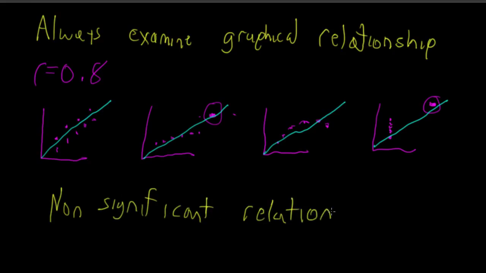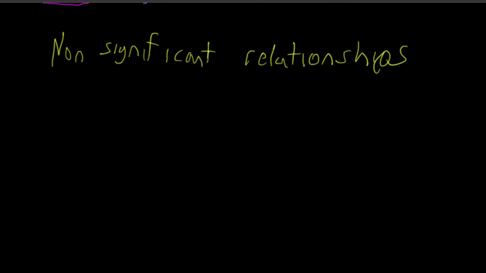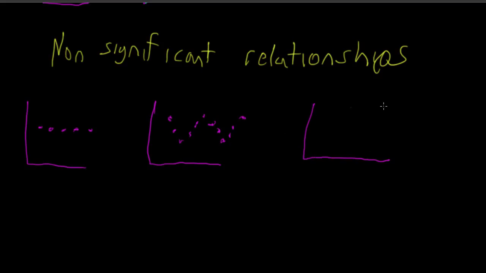Now let's talk about non-significant relationships. Just because a relationship is non-significant does not mean there's not a nonlinear relationship. So this is a nonlinear relationship that would have an R of 0. Here's another example of an R of 0, but there's a clear pattern going on with the data. Let's look at another example. This has a clear pattern to the data.